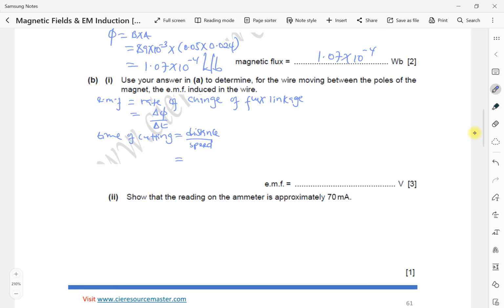So this is going to be 0.024 meters divided by the speed, 1.8. So that is the time of cutting.